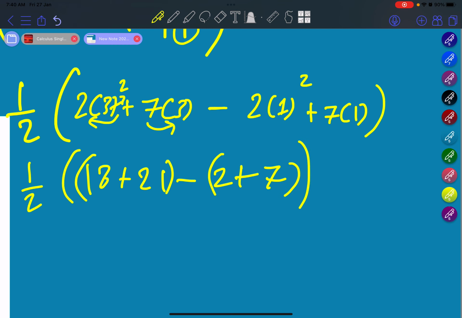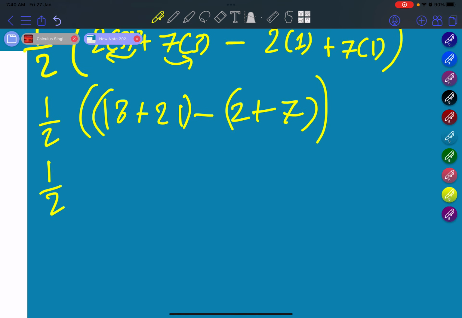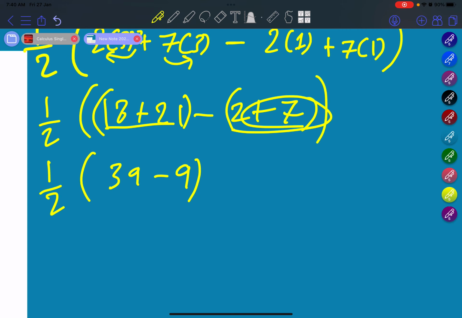So 1 over 2 times 18 plus 21 is 39, minus 2 plus 7 is 9, and 39 minus 9 is obviously 30, and 30 times a half, or divided by 2, will equal 15.